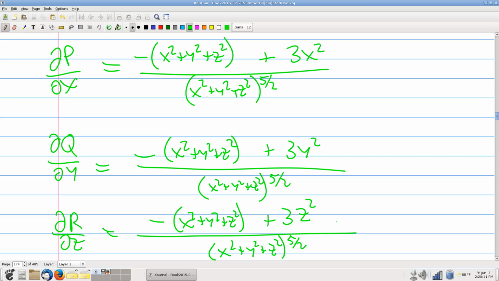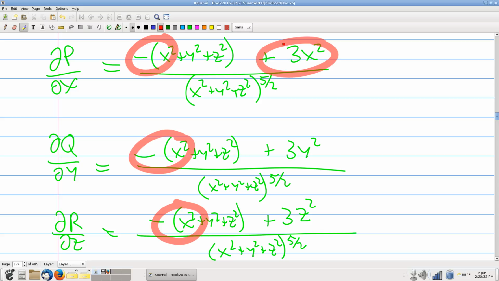And so we're asking what happens when we add these three things up. The good news is that they all have the same denominator, right? Let's count x squareds. They all cancel.